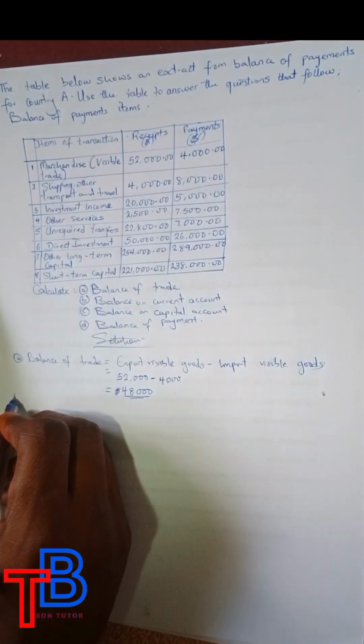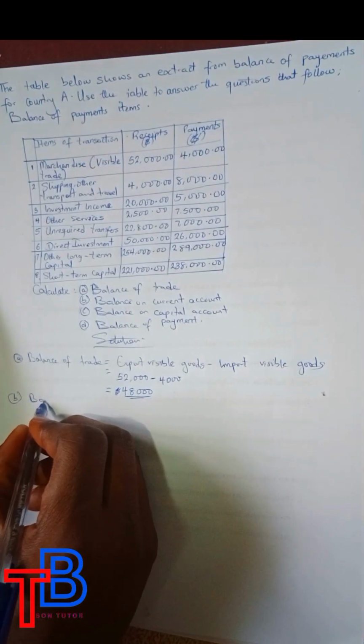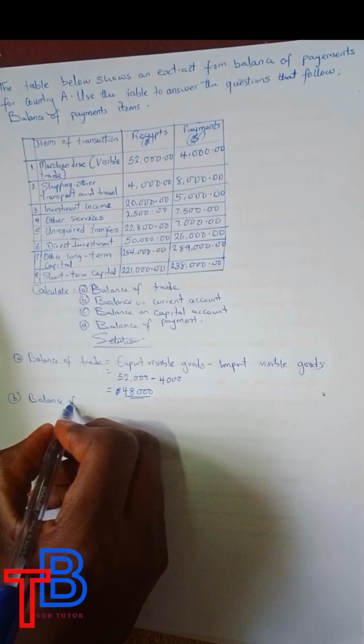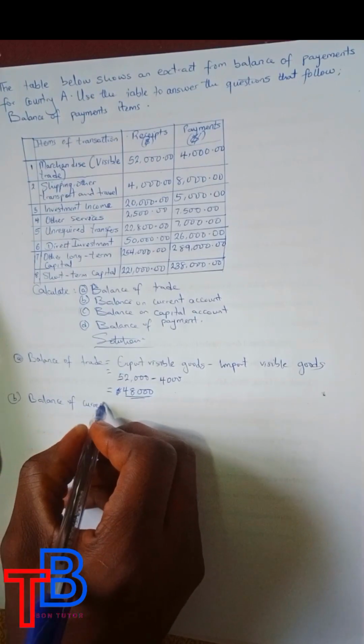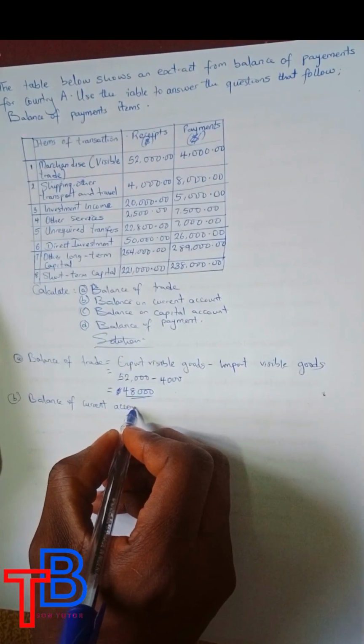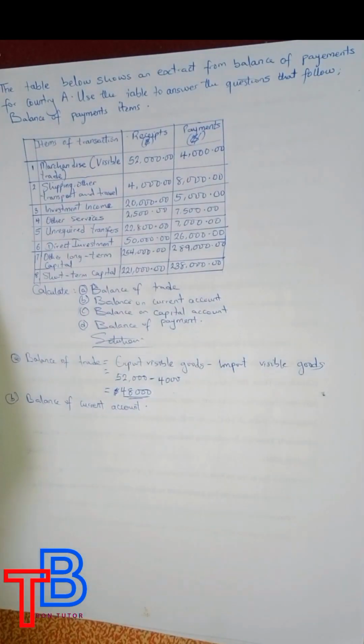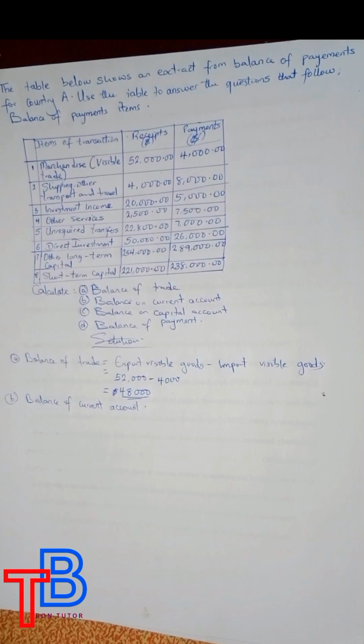And the second one, which is the balance of current account. If you're talking about current accounts, you're talking about the export of visible goods, import of visible goods. You're talking about any investment within the country, any transaction within the country, or any business that was run within the country.